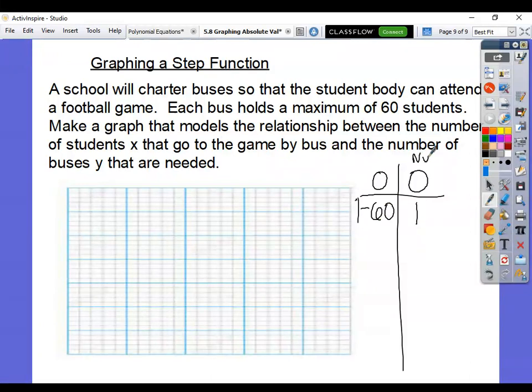So this is number of buses. Number of students here. Okay, then the next interval from 60 to 120, you would need 2 buses.